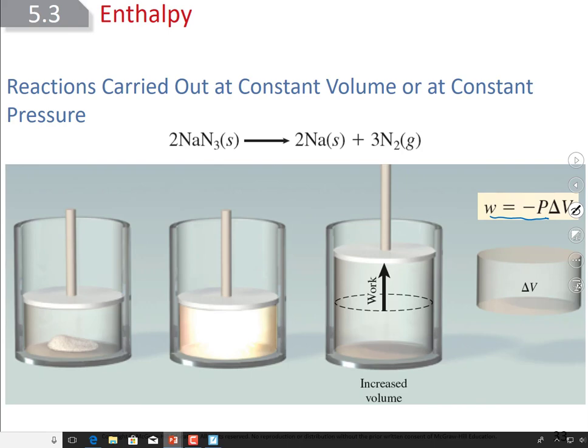Pressure's still constant. In both these cases, the pressure's constant. But what would become negative to make overall the equation positive? Change in volume. Good. We said in the last slide that if the volume decreased, that meant that work was being done on the system by the surroundings. So if delta V becomes negative, the overall term becomes what? Positive. Good.